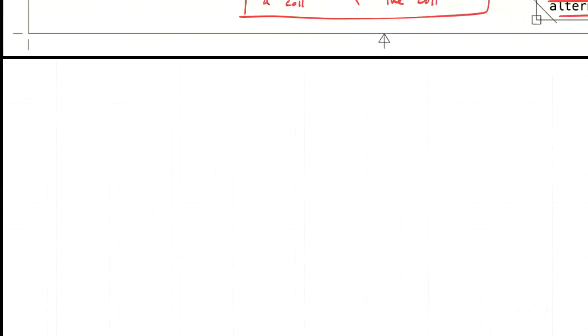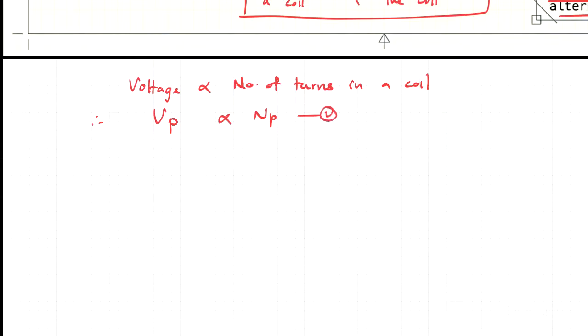So as I mentioned, the voltage is directly proportional to the number of turns in a coil. Therefore, V primary is directly proportional to N primary, the number of turns in the primary coil. This is the first equation, and the secondary voltage is directly proportional to the number of turns in the secondary coil.